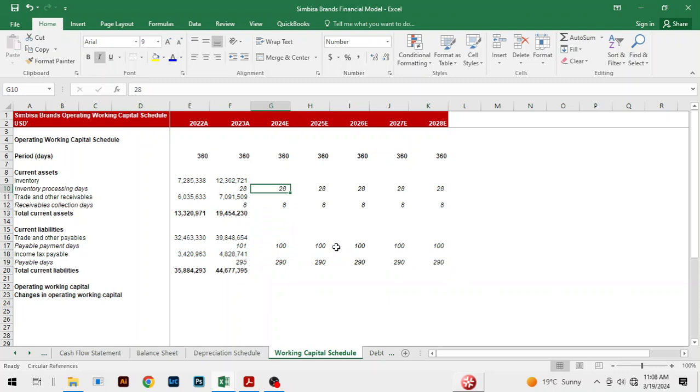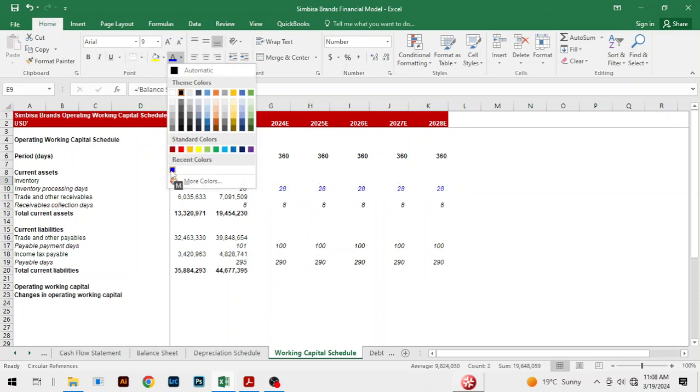Okay, so here let's just turn that into blue since it's hard code as well. These ones, they are hard code numbers.